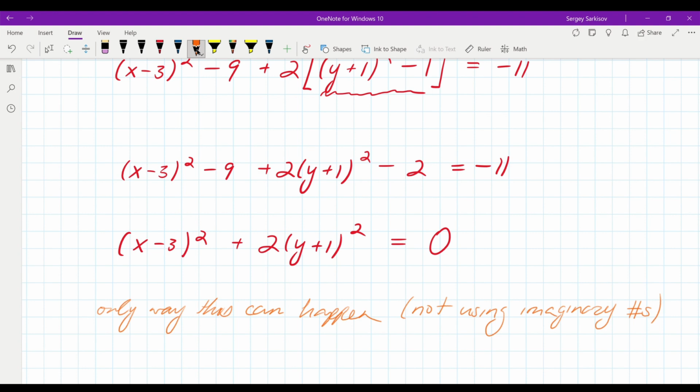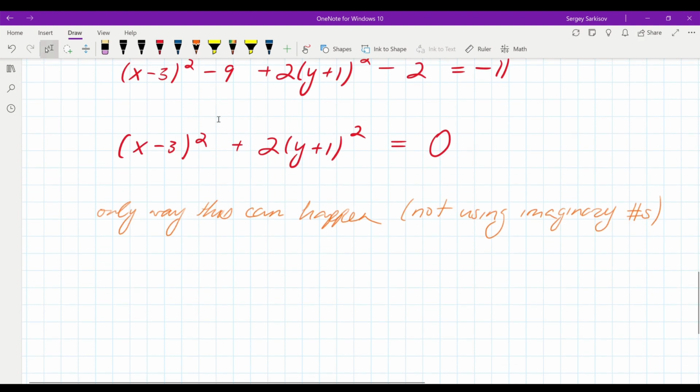So no squaring and getting a negative. The only way to square something and get a 0 is squaring a 0. Otherwise, it's going to be a positive number. A positive plus a positive is not going to be equal to 0. So it has to be 0 and 0. So specifically, we have to have x minus 3 equal to 0, and at the same time 2y plus 1.